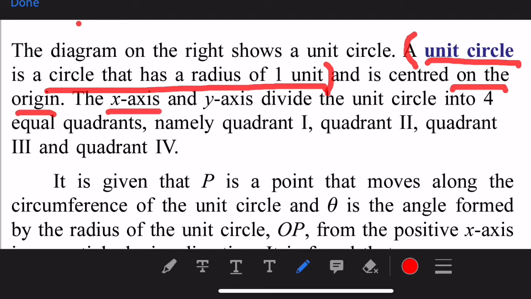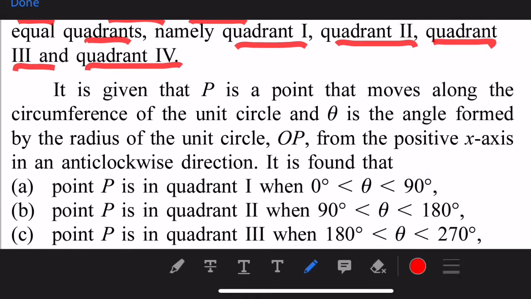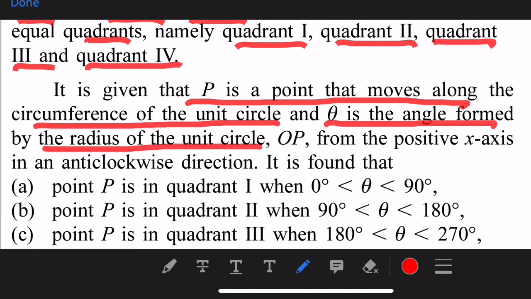The x-axis and the y-axis divide the unit circle into 4 equal quadrants, namely quadrant 1, quadrant 2, quadrant 3 and quadrant 4. It is given that P is a point that moves along the circumference of the unit circle and theta is an angle formed by the radius of the unit circle, OP, from the positive x-axis in an anti-clockwise direction.